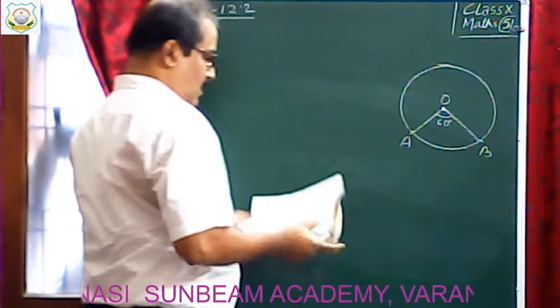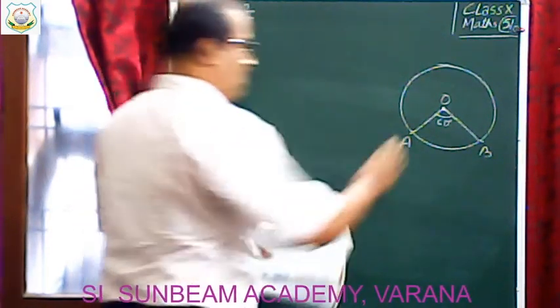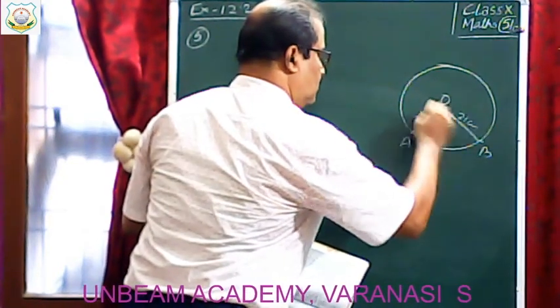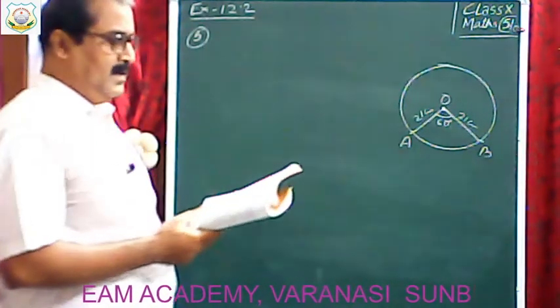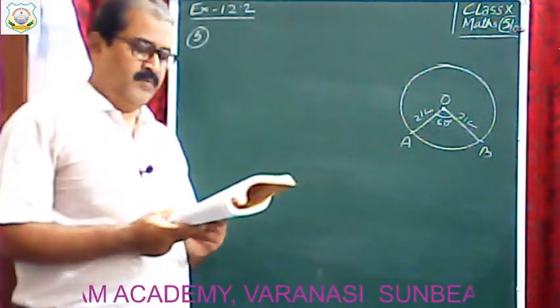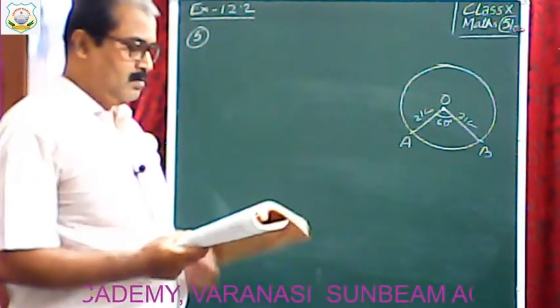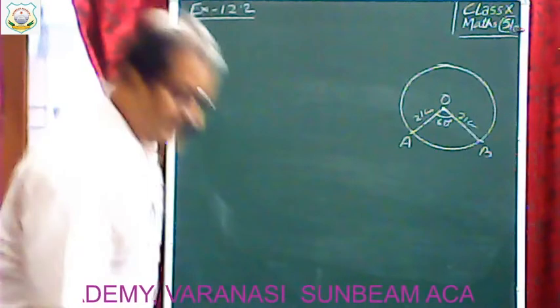Radius is given 21 centimeter. You have to find length of arc, area of sector formed by the arc, area of segment formed by the corresponding chord.